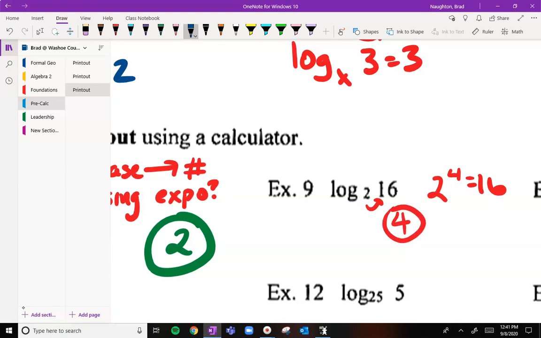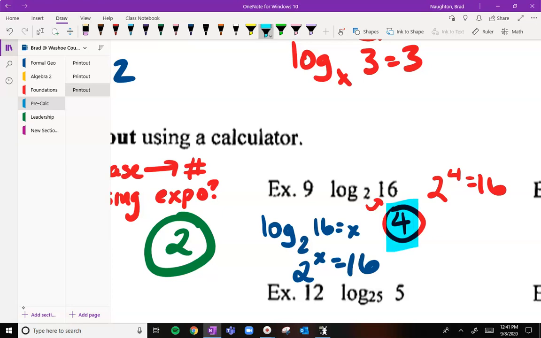Now, if you want to do it the other way, as was mentioned first, we're going to set it equal to x. We're going to convert it to exponent form. Base stays base, the other two switch place. Loop de loop. Left to right equals middle. And then we still get x equals 4. Alrighty. I like the way I've been showing you just because it really drives it in.